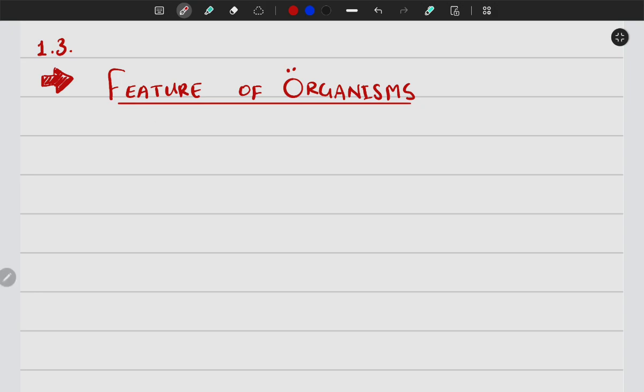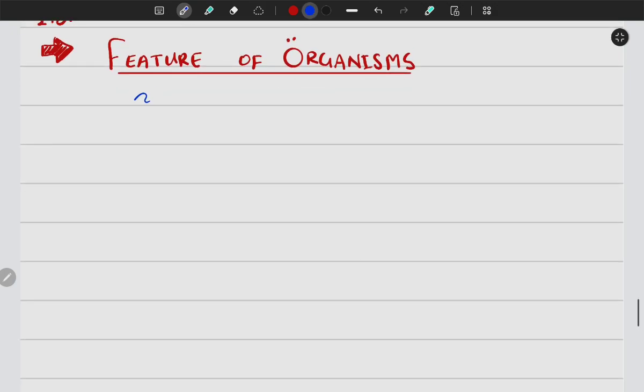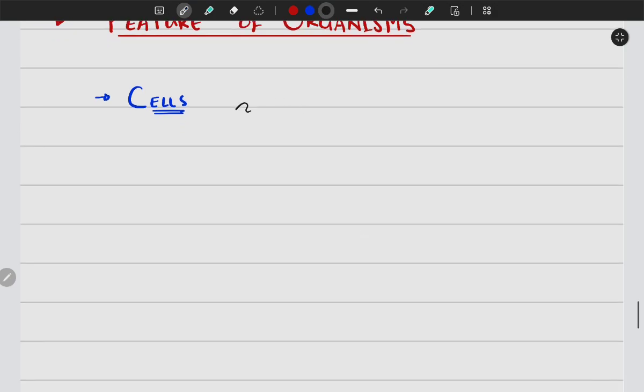So 1.3 features of organisms. Let's start with cells, right? I just want to introduce what the cell is. We already know that all organisms are made up of one or more cells.